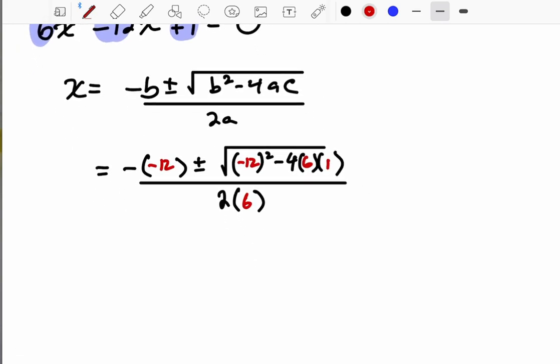All right. Plug the radicand into your calculator.